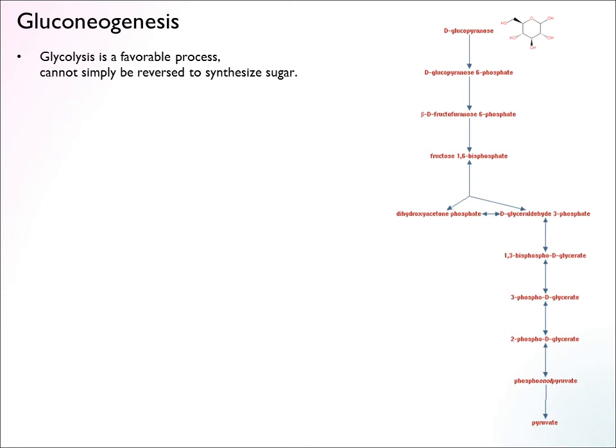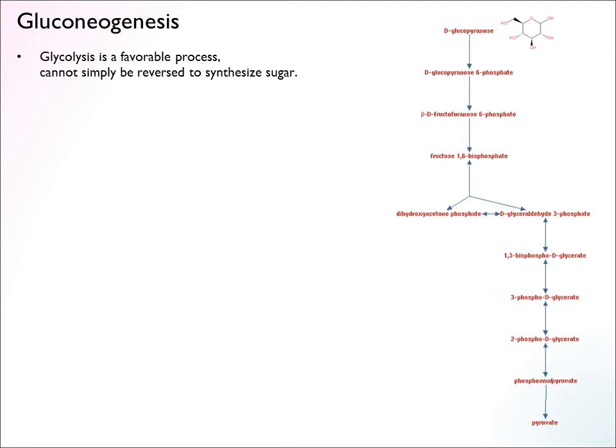This is an organic acid, and it basically differs from pyruvate by having this carbon dioxide group tacked on here. Oxaloacetate can also be taken from the TCA cycle, and it can be generated from amino acids. So these can also be substrates for gluconeogenesis.